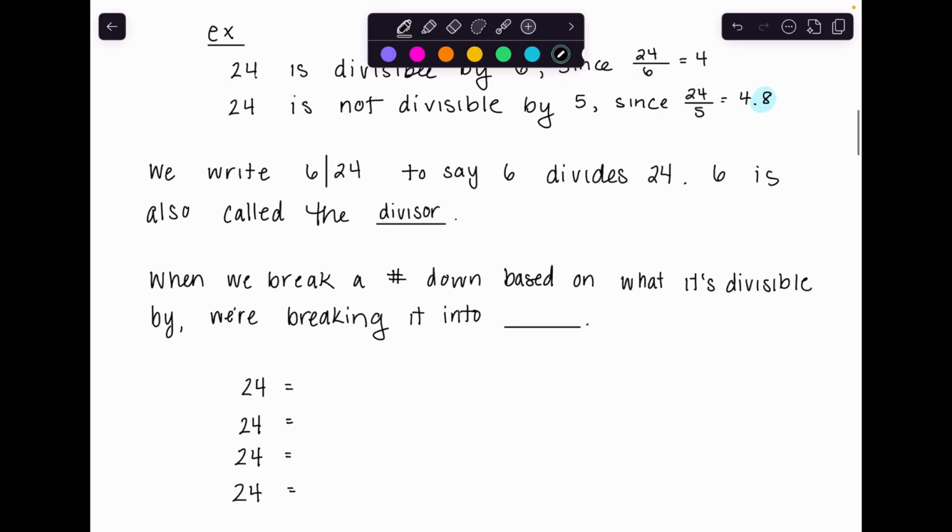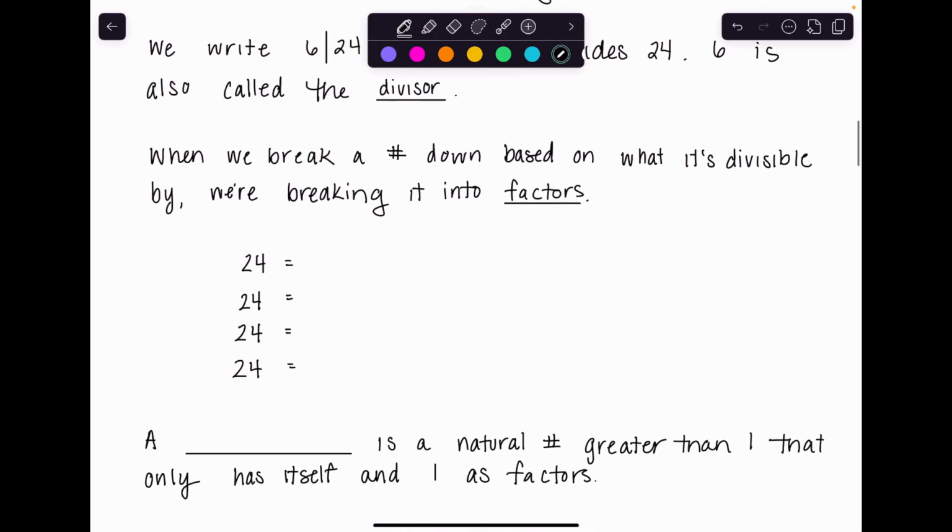Anytime we break a number down based on what it's divisible by, we're breaking it into something called factors. To give you some examples, 24 is a great one because it's divisible by a lot of things. We know we can write this as 4 times 6. So we'd say 4 and 6 are factors of 24.